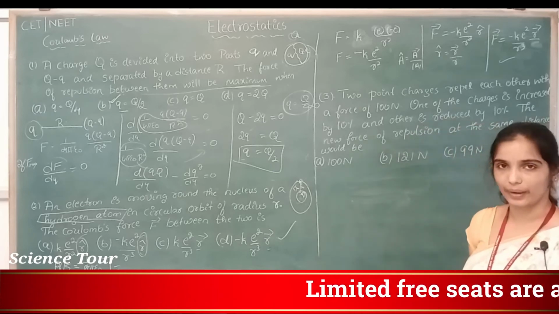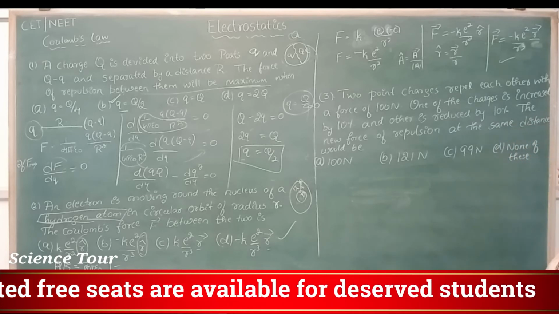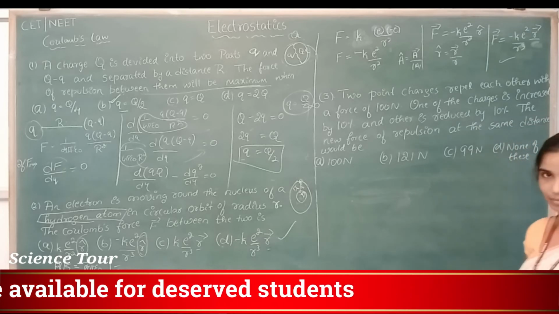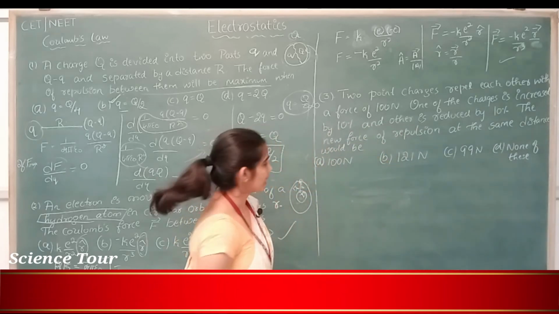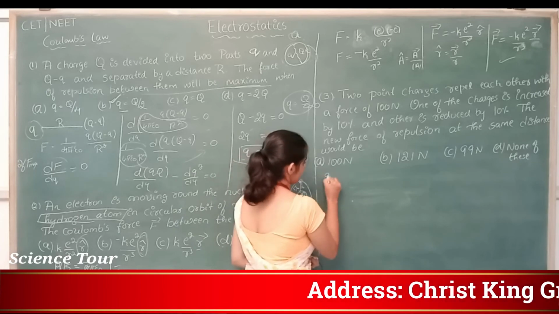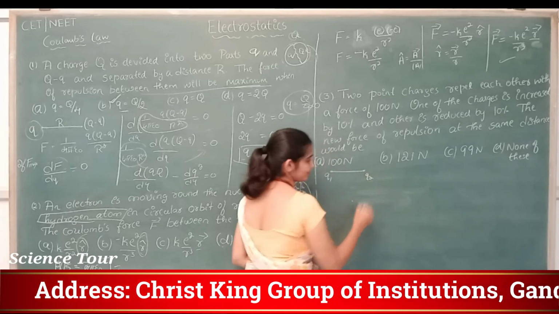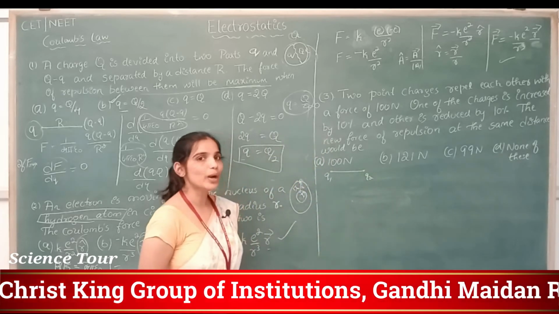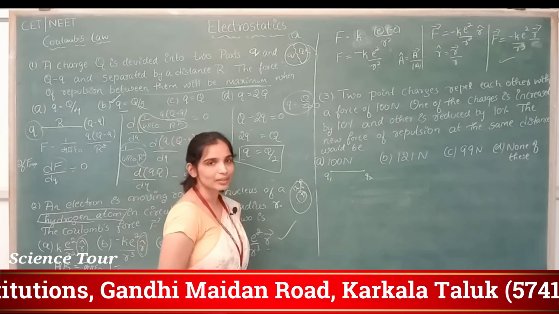Moving to the third question, 2 point charges repel each other with the force of 100 Newton. Okay, there are 2 point charges, let's say Q1 and Q2. What is the force between them? 100 Newton.